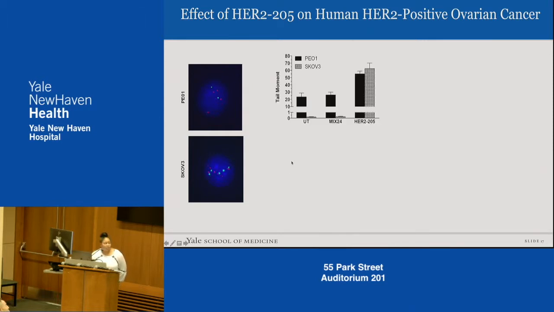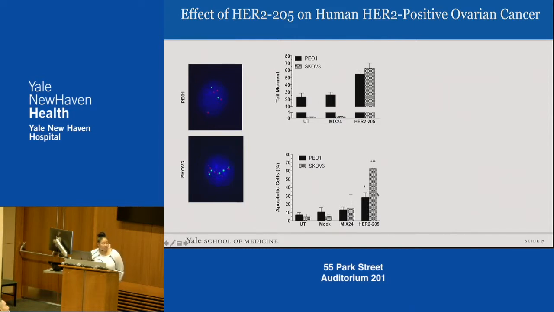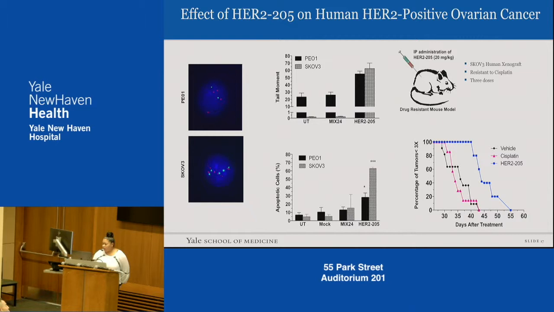And then we looked to see whether or not we were able to induce DNA damage in these cells, and whether we were increasing the amount of apoptosis in these cell lines, which we saw was the same thing that we saw with our breast cancer cell lines.